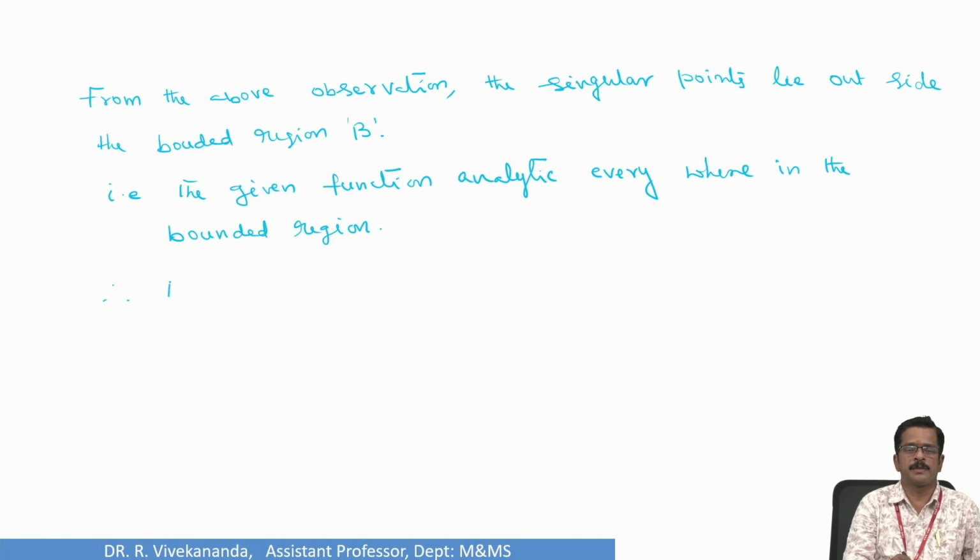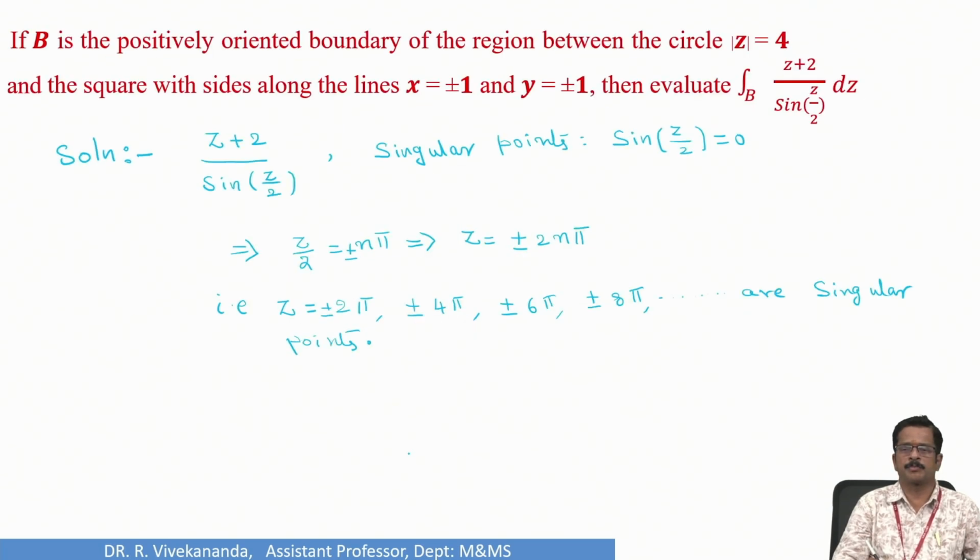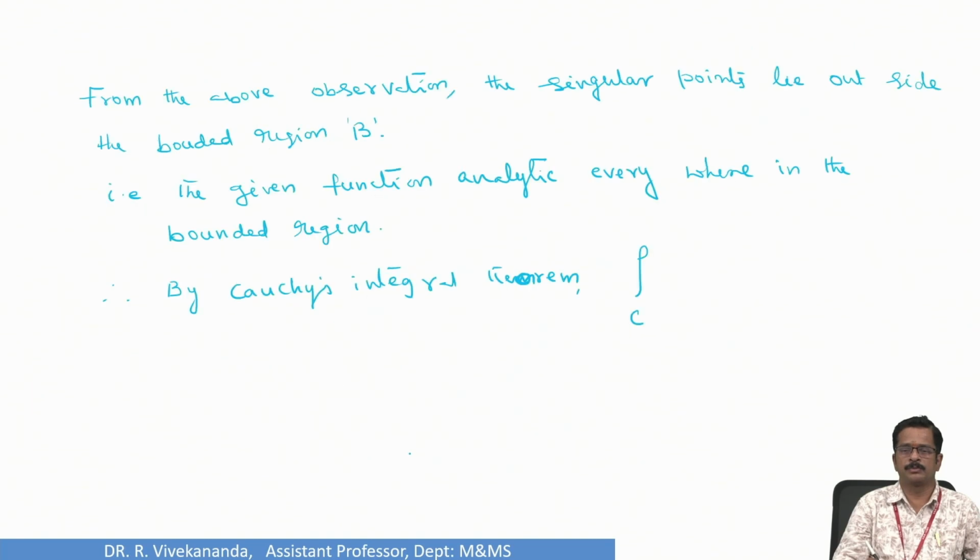Therefore, by Cauchy's integral theorem, its integration over the region, integration over C, of (Z plus 2) by sine of Z by 2 into dz is going to be 0 over B, not C, over B.